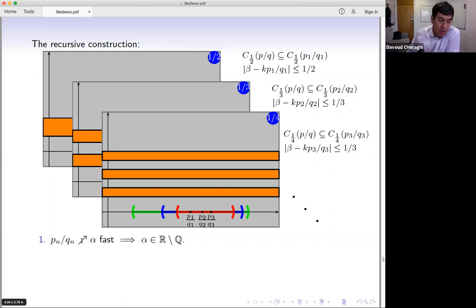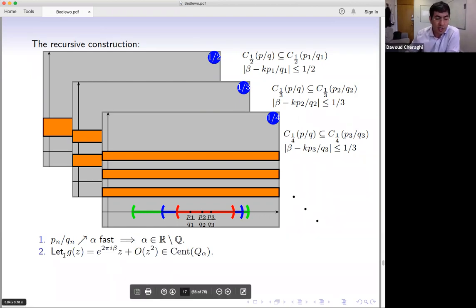So this requires a relation on the successive distances of the rational numbers. So once you have the candidate alpha, you say, okay, let me start with an arbitrary map G of this form. So it has rotation number beta, which belongs to the centralizer of Q sub alpha.